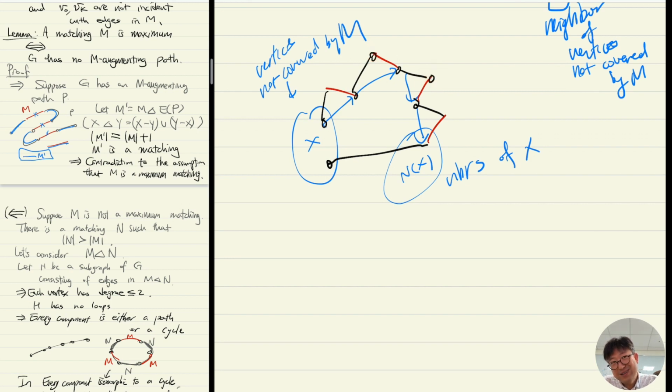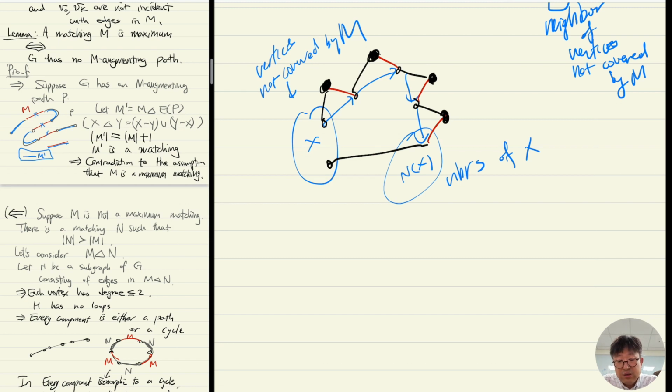Is it possible? No, because if they were equal, when you arrive at this vertex, you have to use a matching edge. But there's only one red edge incident with this vertex, so you cannot have two red edges coming here. So these black vertices which were hidden are all distinct, right?